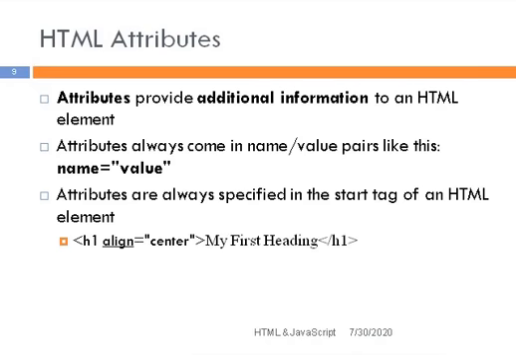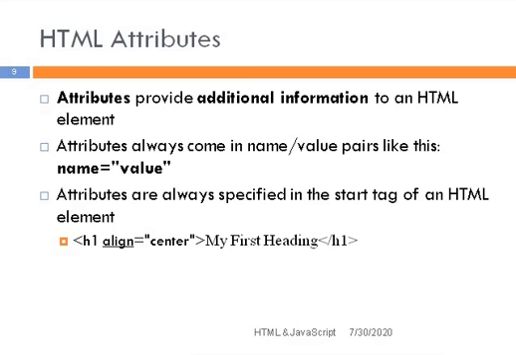So here is an example h1. Then we have used an align attribute. Align is an attribute name. Okay, we have used that attribute in h1 tag, heading tag h1. Align is equal to center. Then close the angle bracket, my first heading, and then close the heading tag. So here in this example we are using the h1 tag with an attribute align and it has a value.